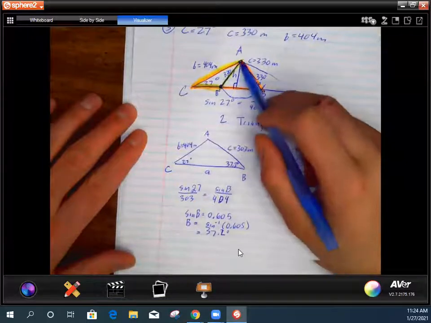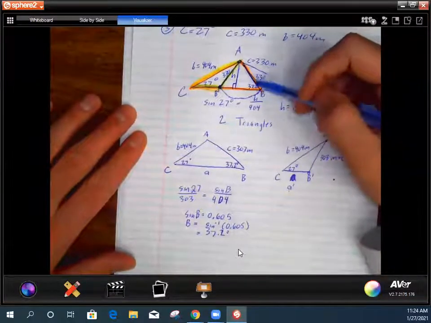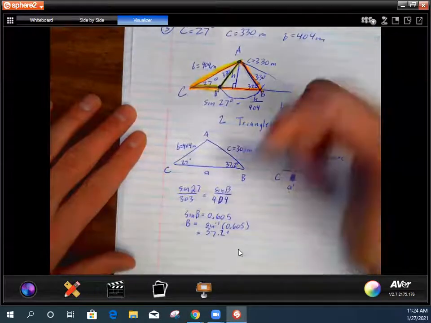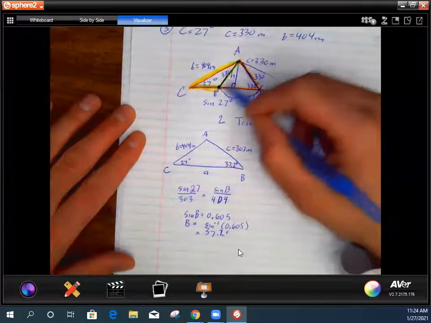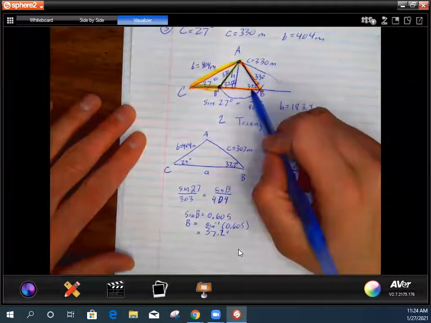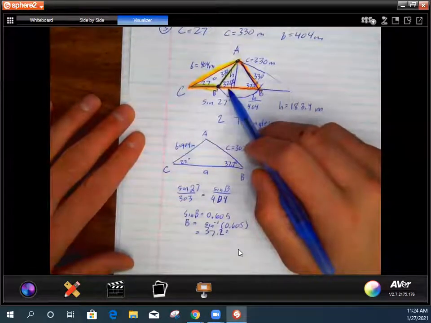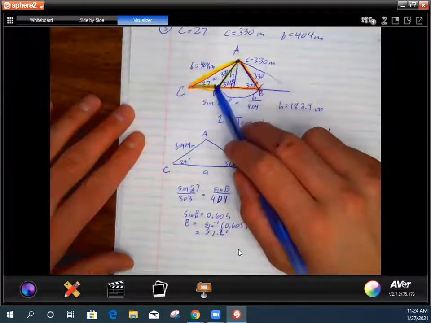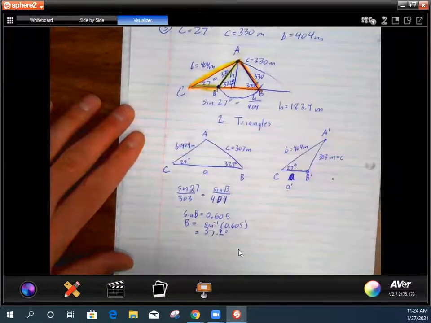And in this picture, AB prime and AB are the same length because it's the same side. I just rotated around this way. And you can see here, that's also 303. So this is an isosceles triangle here. So this base angle has to equal this base angle. So both base angles will be 37.2 degrees. And then I can get that this angle here is going to be supplementary to that because they form a linear pair.